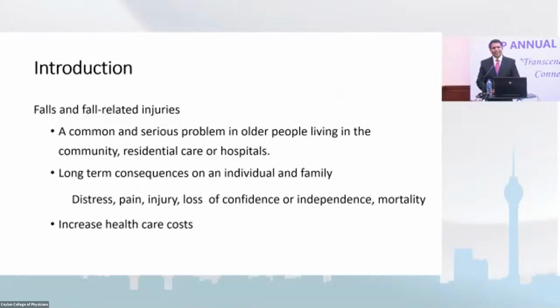The injuries can cause lacerations or abrasions, ranging from minor injuries to major injuries like fractures, hip fractures, which can lead to increased morbidity and mortality. Further, falls cause a lot of psychological impact to the elderly, causing loss of confidence as well as loss of independence, which leads to social issues like social handicap.